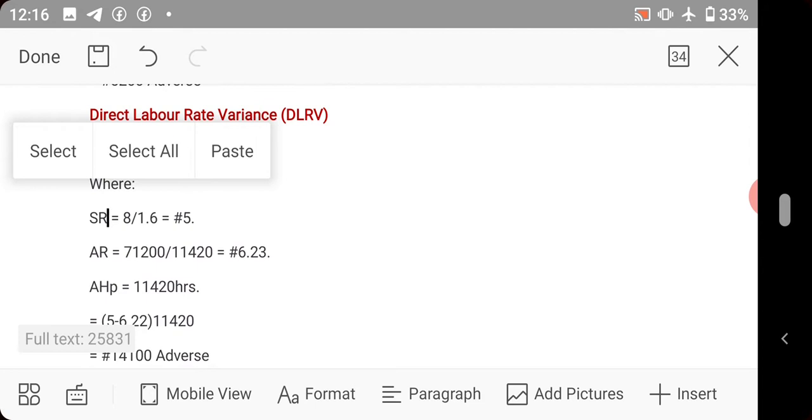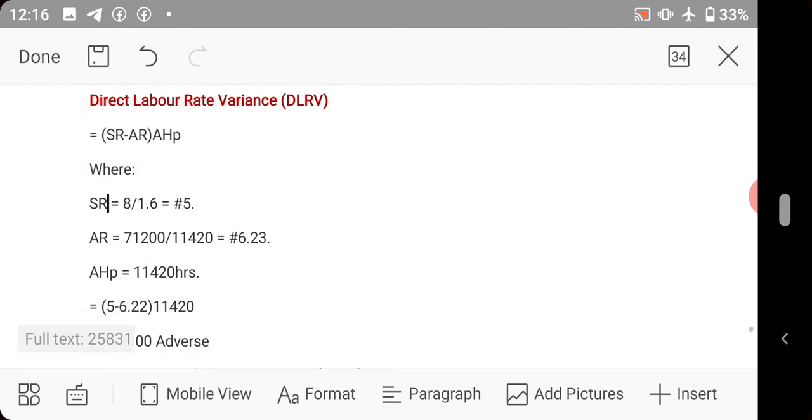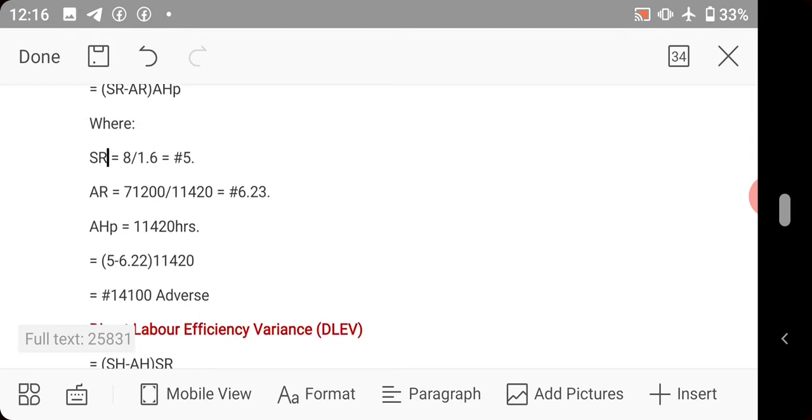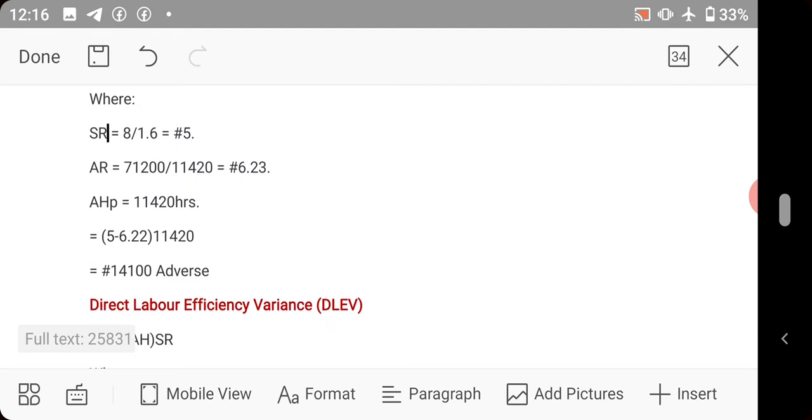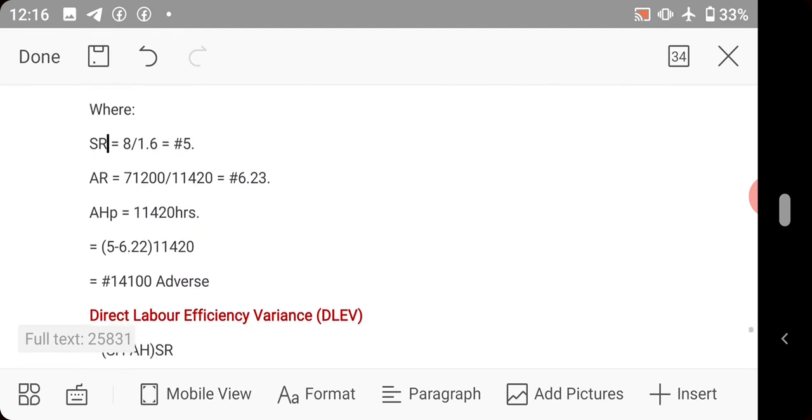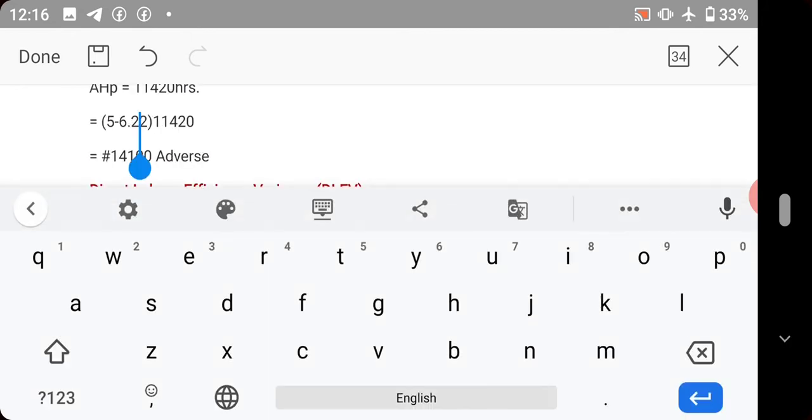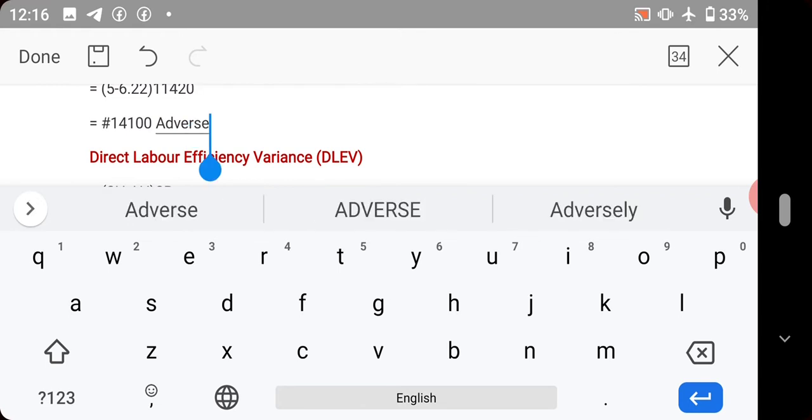The actual rate is 71,200 divided by 11,420, and that will give you 6.23. The actual hours paid for is 11,420 hours. When you substitute, you have 5 minus this times 11,420, which gives 14,100 naira, and it is adverse.